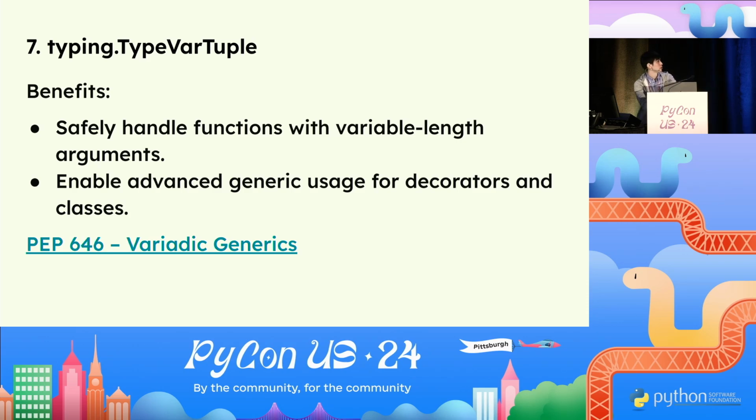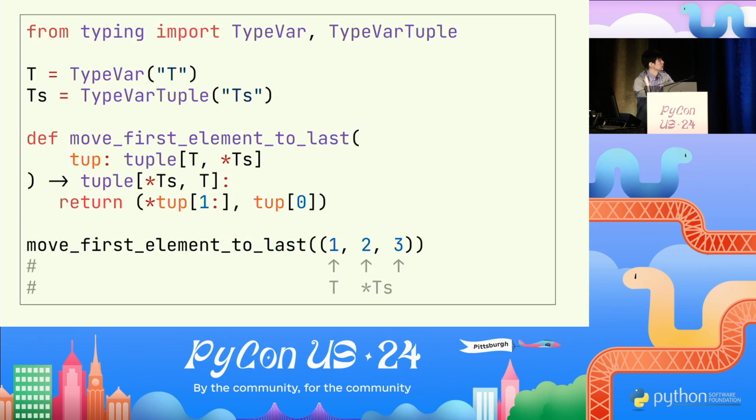I showed you everything as my best practice for this case, but I want to introduce one more: typing TypeVarTuple. We can define an argument as a variable-length tuple. Pre-check: this is the new thing, TypeVarTuple. Usually we define Ts.